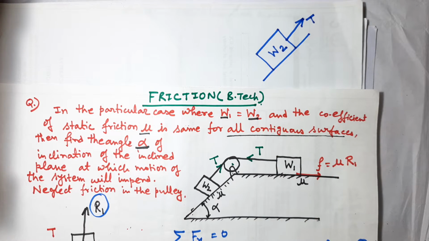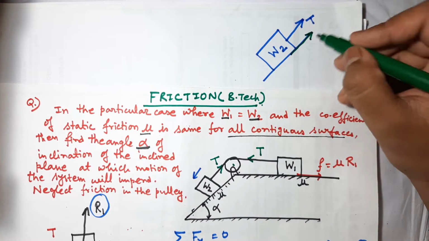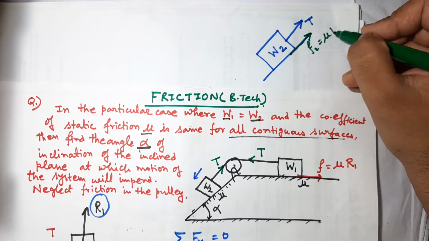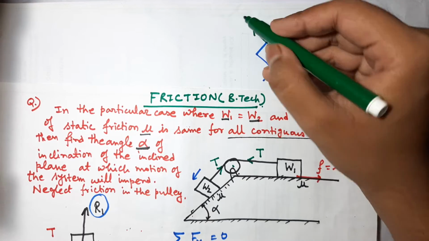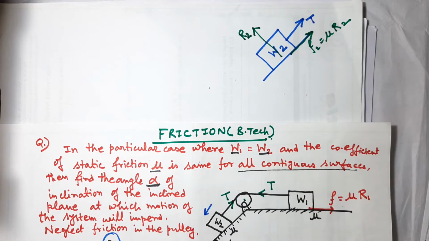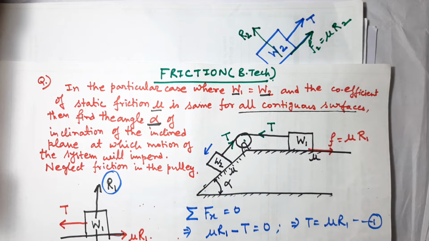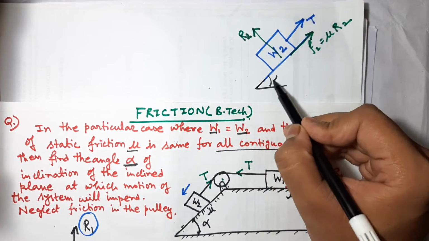The block wants to move in this direction, so the frictional force acts in this direction. F2 is equal to mu R2, where R2 is the normal reaction by the surface. Now in the diagram, this is angle alpha, and the same way, this angle is alpha.